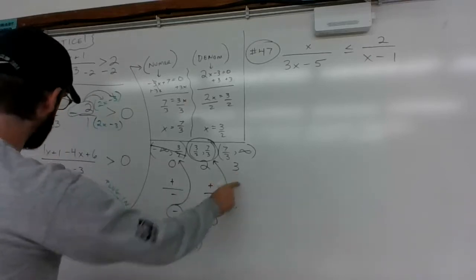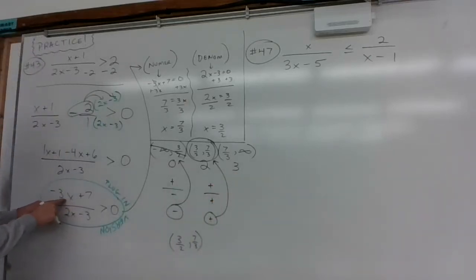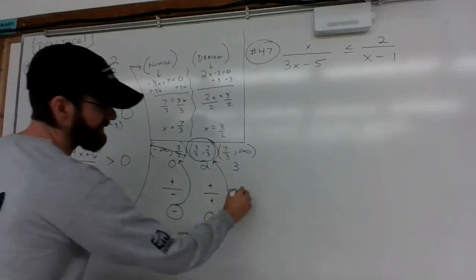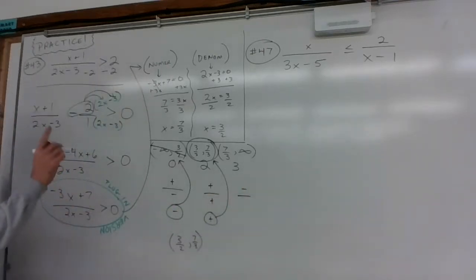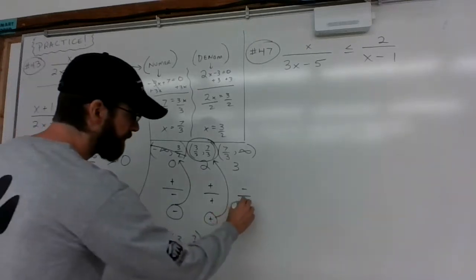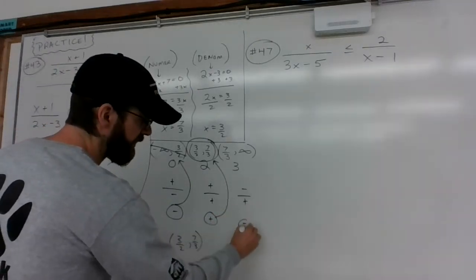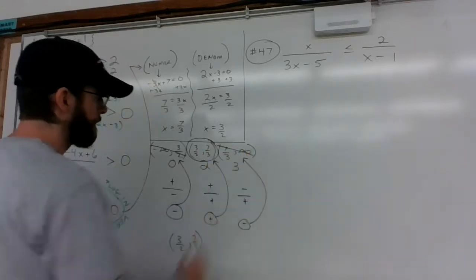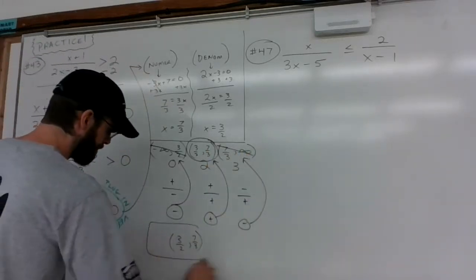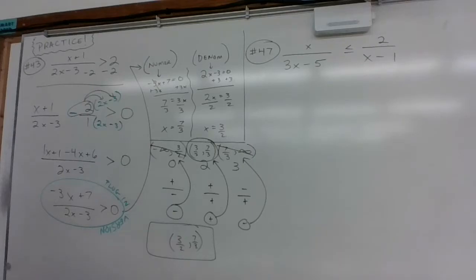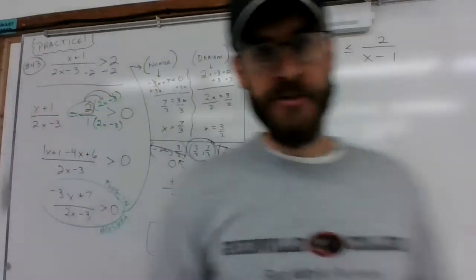And then you can plug 3 in here. 3 times negative 3, negative 9 plus 7. That's a negative number. 3 times 2 is 6 minus 3 is positive, and that yields a negative solution. There's our answer.